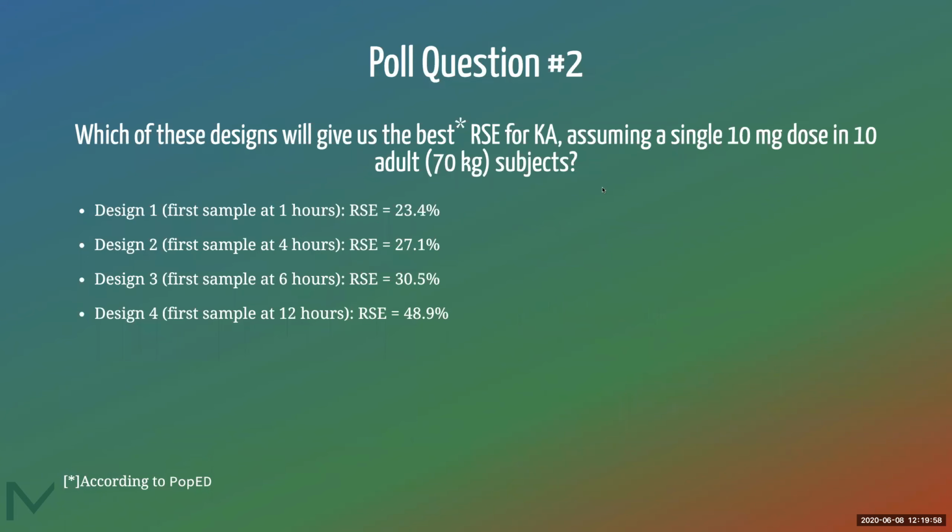So if we run this through PopED, these are our expected relative standard errors. So the answer is you want this sample to be as early as possible. So that would be here at 1 hour. It turns out, the further you get away from that optimal sample, the higher your standard error, but there's really not a whole lot of difference.